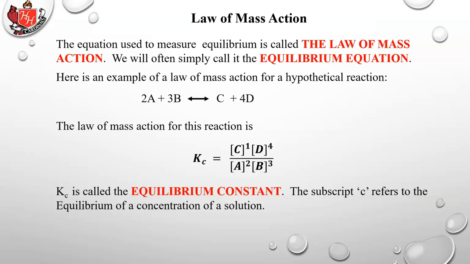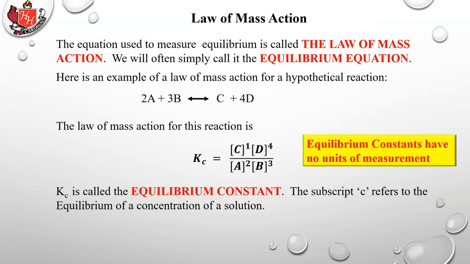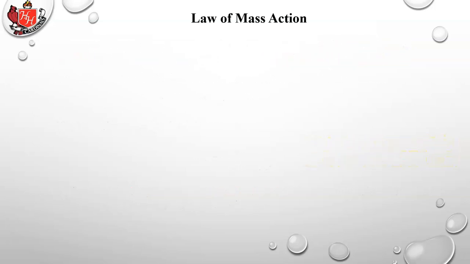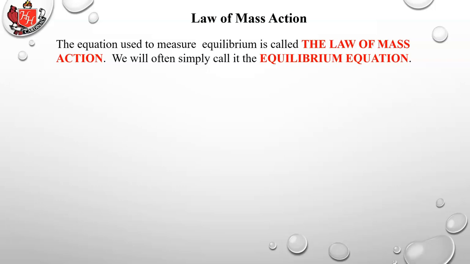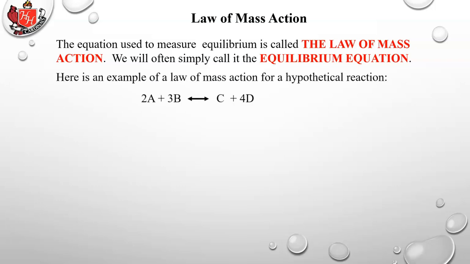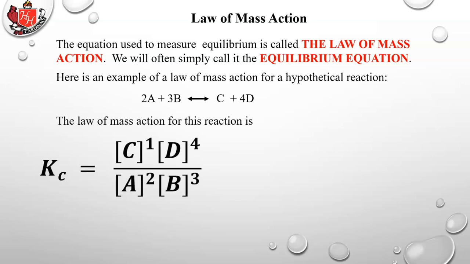So let's examine how this equation is put together. The equilibrium constants have no units of measure. The equation used to measure equilibrium is called the law of mass action. Many times we'll simply call it the equilibrium equation. They mean the same thing. So here's an example of the law of mass action for a hypothetical reaction. There it is again, written again.